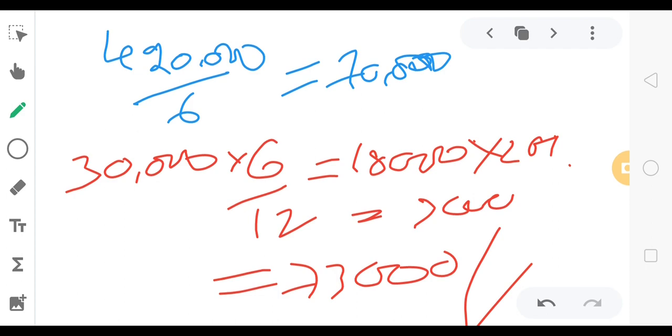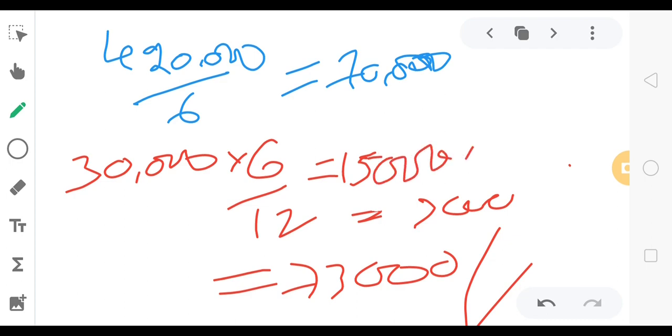So 30,000 into 6 months used, that is equal to 15,000, and then we got 15,000 into 20%.